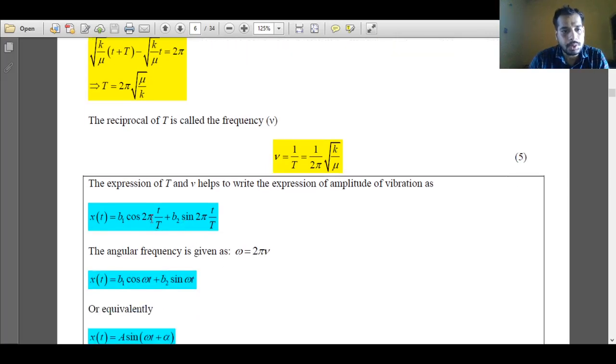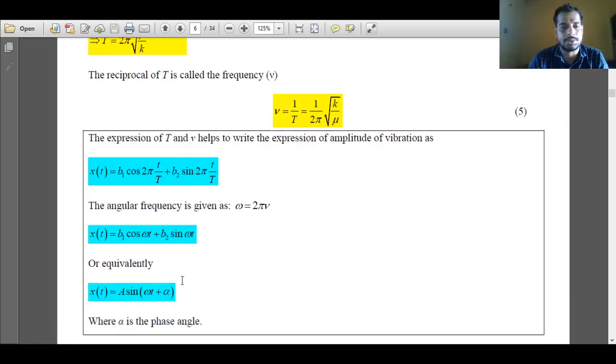So my displacement of the masses associated with the harmonic oscillator can also be written as b1 cos omega t plus b2 sin omega t. When we apply the boundary condition, this b1 term goes to 0. That's why the first term vanishes and only the second term survives. But before applying the boundary condition, this is the general solution.